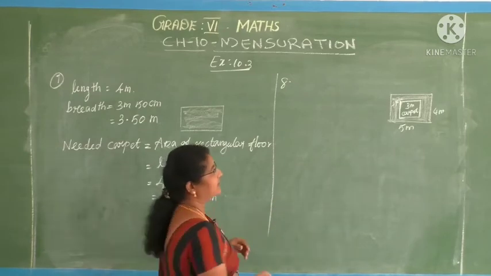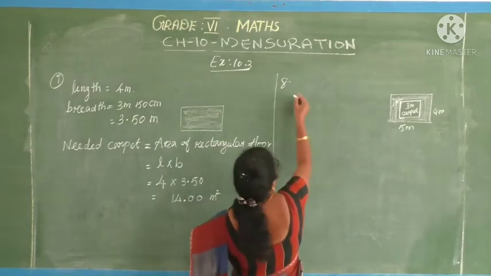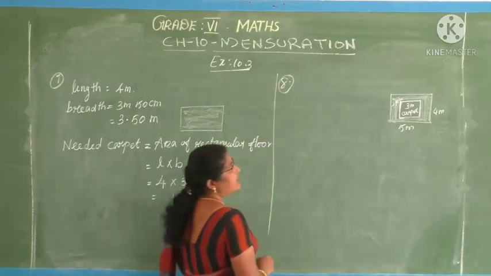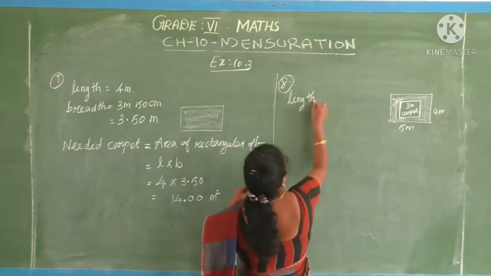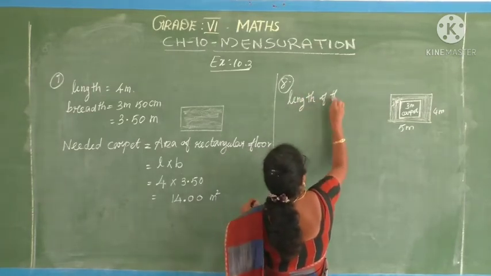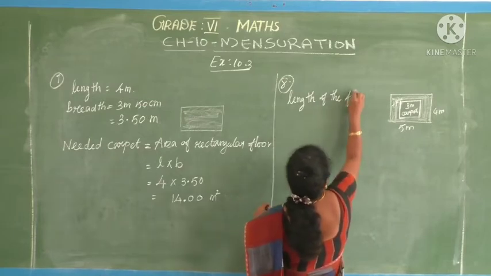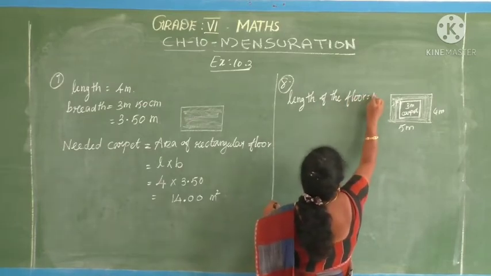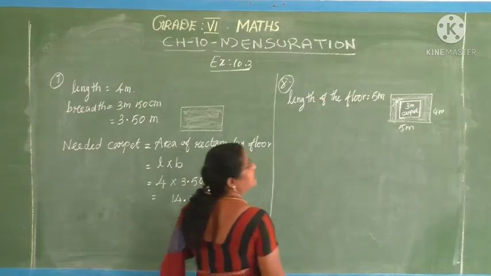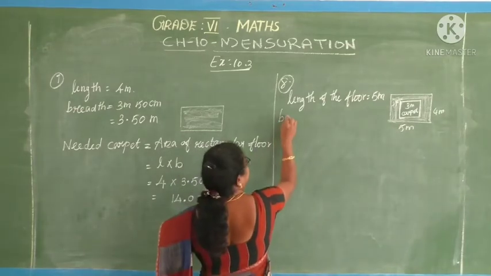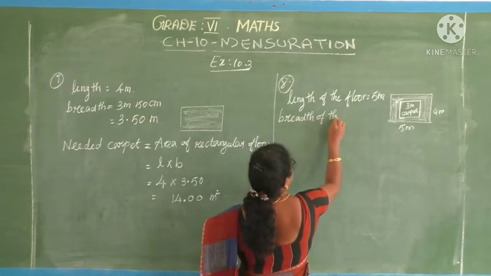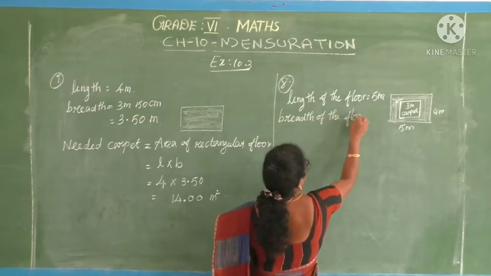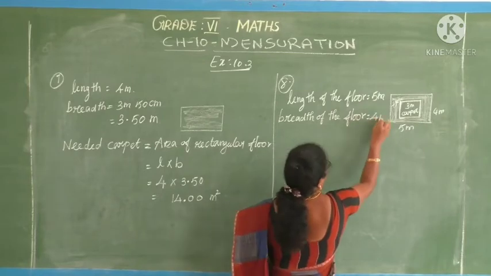Clear? So we can write. First, floor: length of the floor. The floor is rectangular in shape. So length of the floor is 5 meter. Next, breadth of the floor is 4 meter.